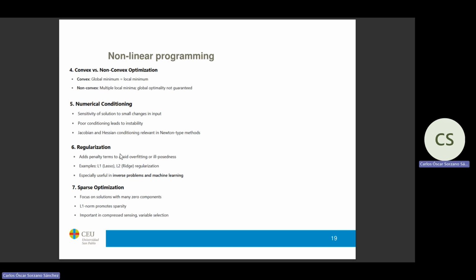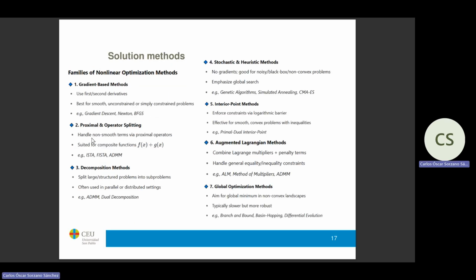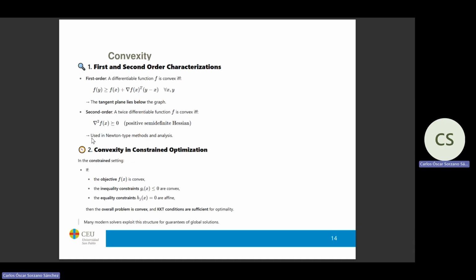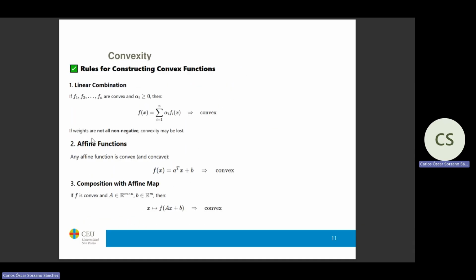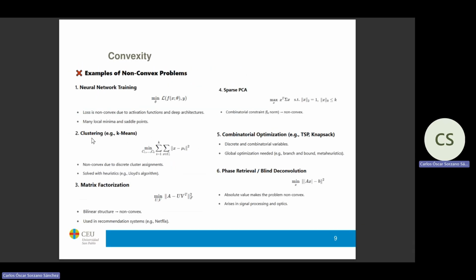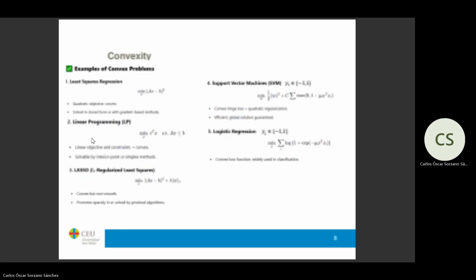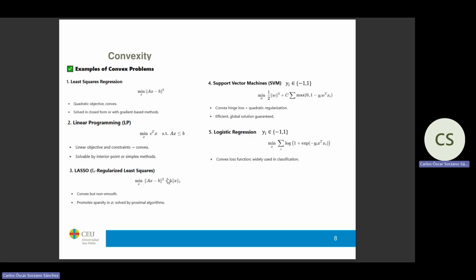The other thing is regularization. Regularization has already appeared. It is this kind of penalty function that we have. Some examples here: regularizations so that you penalize some properties of the solution that you are looking for.